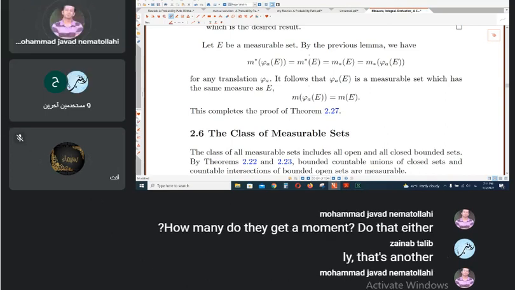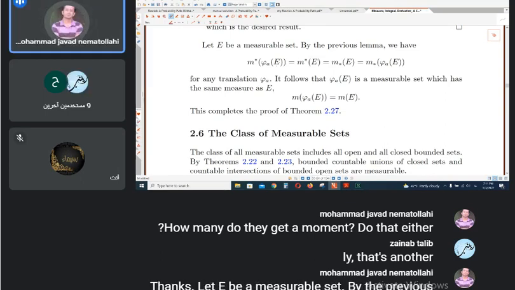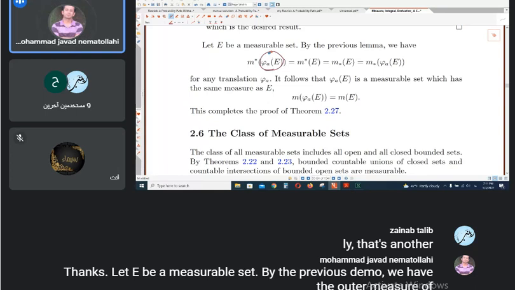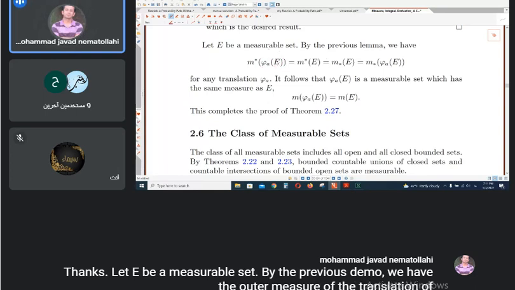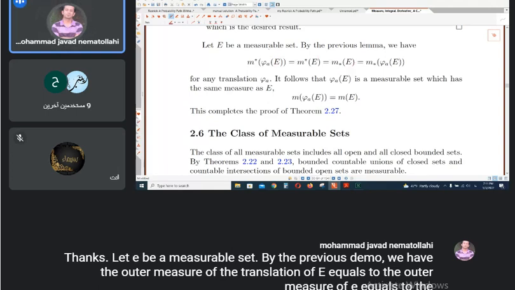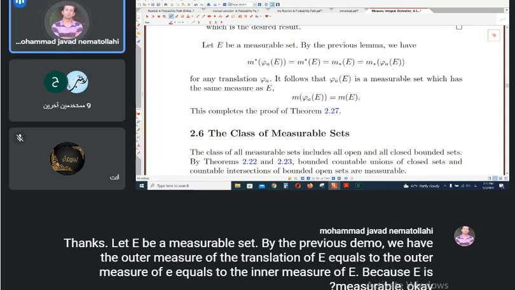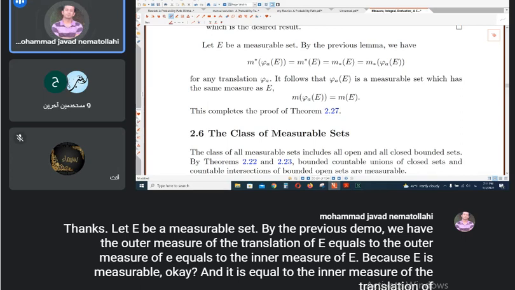By the previous lemma, we have the outer measure of the translation of E equals the outer measure of E, which equals the inner measure of E, because E is measurable, and it is equal to the inner measure of the translation of E for any translation φ_A.